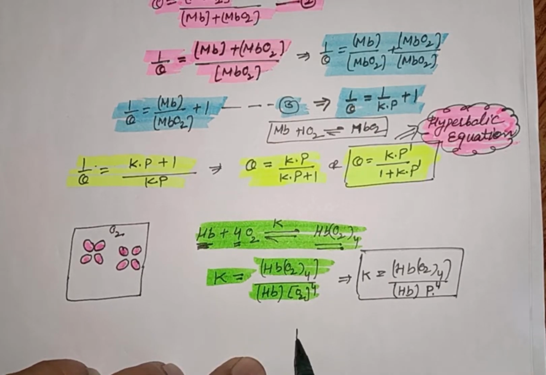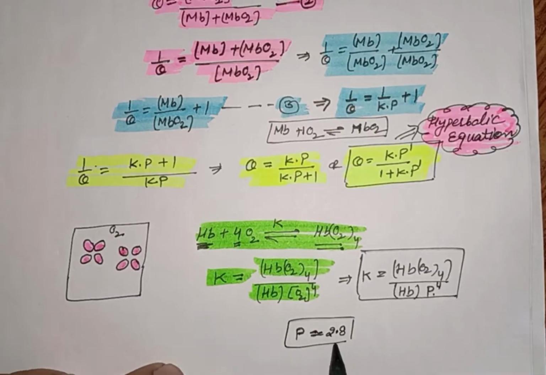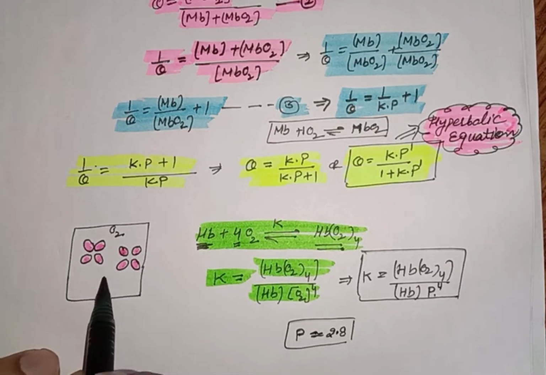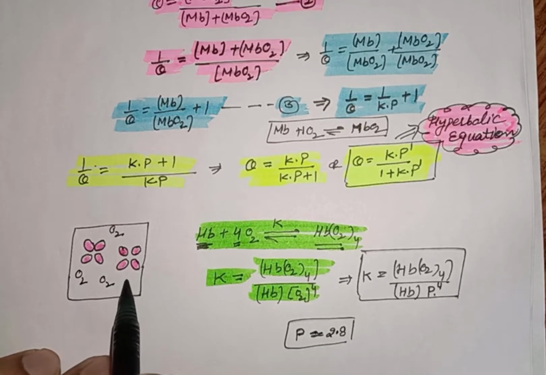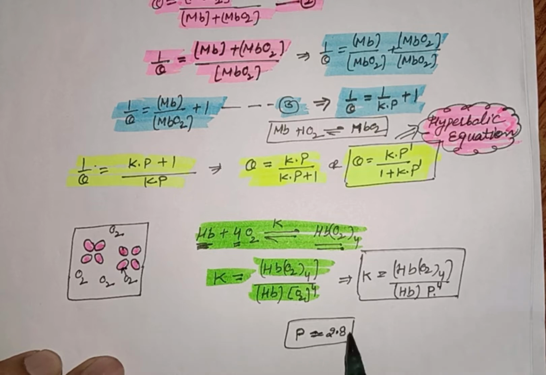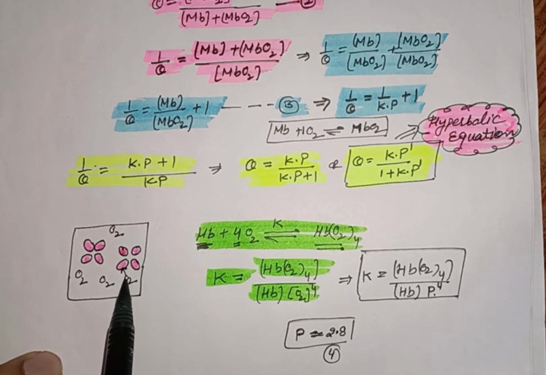The power of the partial pressure of oxygen for hemoglobin is approximately 2.8. What does it mean? It means that out of the 4 oxygen molecules, only 2.8 oxygen molecules are able to attach at the heme groups. So there is competition between the oxygen molecules to attach to the heme groups. All 4 oxygen molecules are not able to attach without competition at the heme groups.